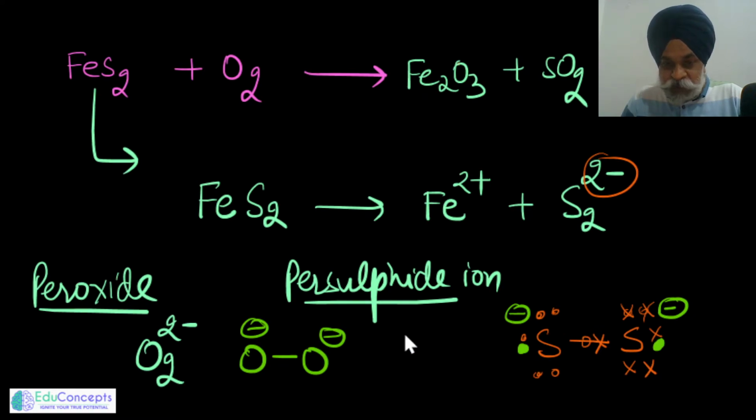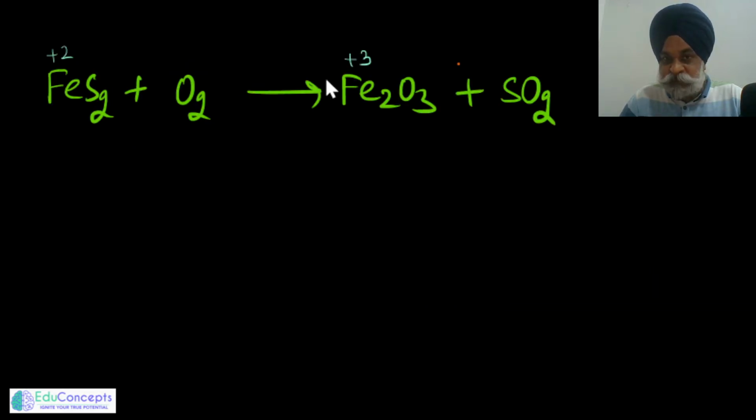If I break from the bonding aspect, if I break it from the center, from this side, the apparent charge would get a 0, and this also would get a 0. And there is one negative charge on this sulfur as an actual charge, which would be its oxidation state. Let me speak it once again.